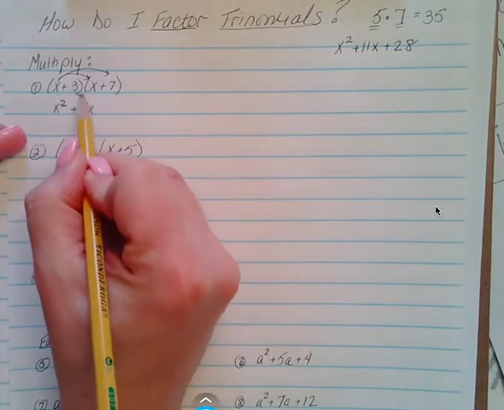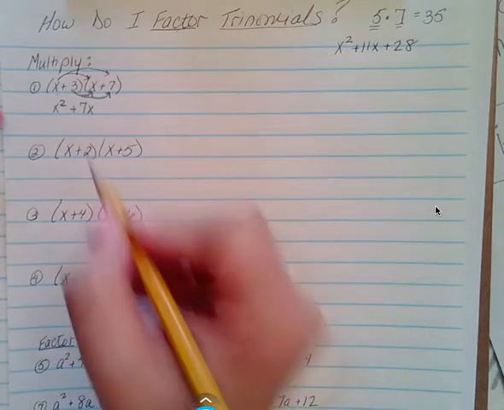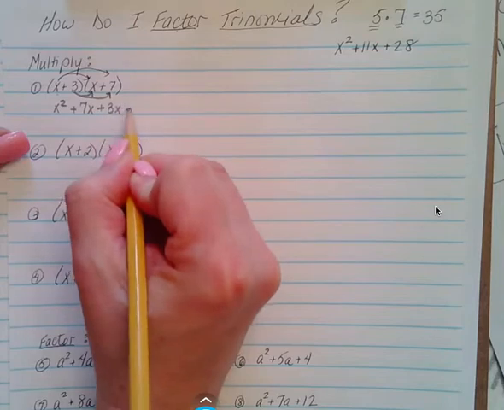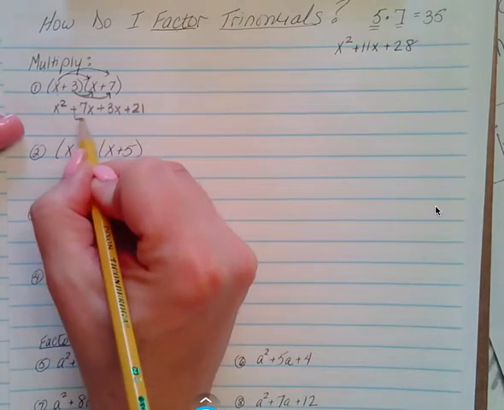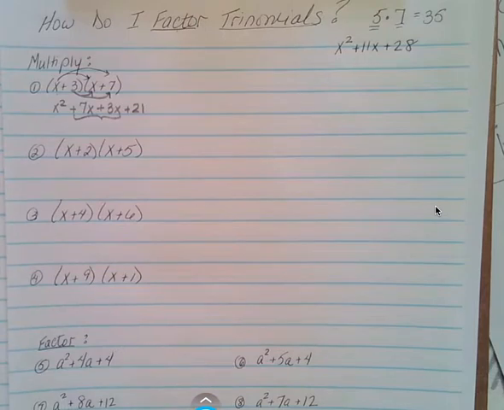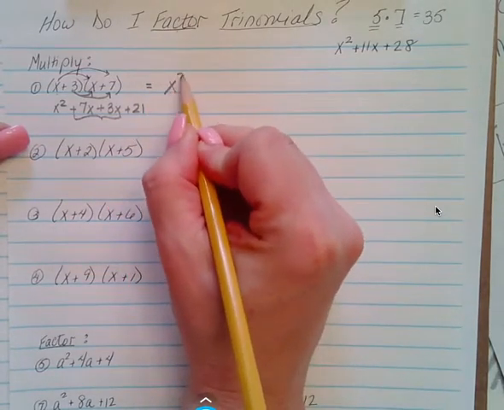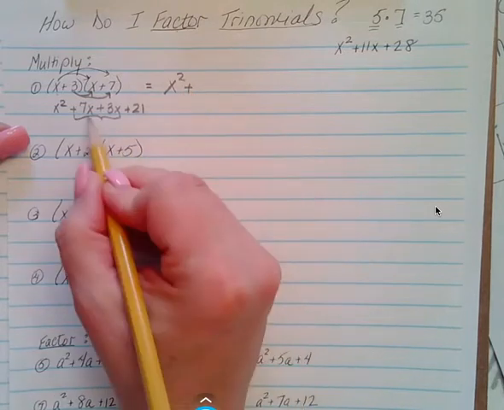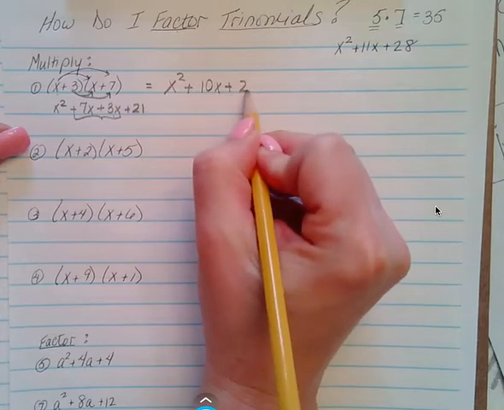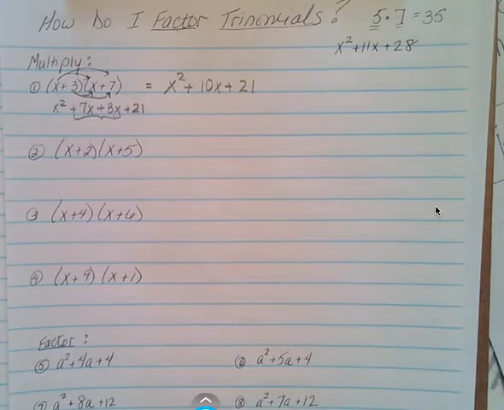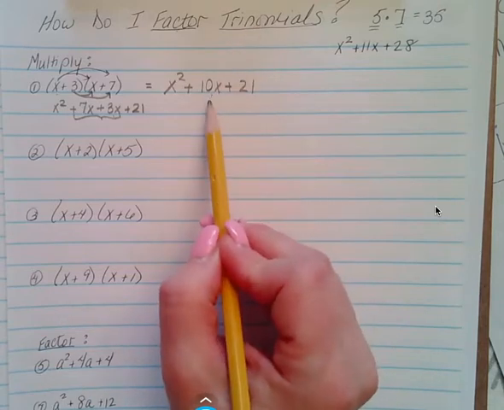I'm also going to distribute this 3 to everything in that second polynomial, so plus 3x plus 21. And now I'm going to combine any like terms that I see, and this final answer is x squared plus 10x plus 21. So here is our trinomial.